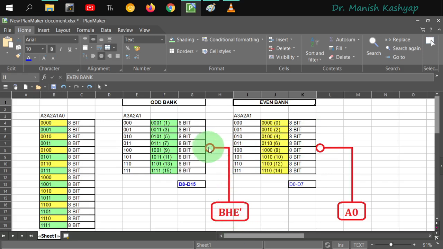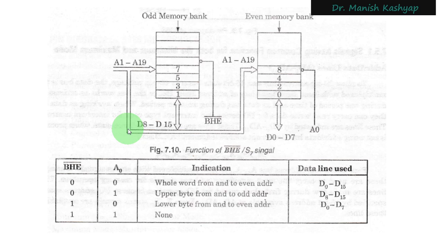So if this thing is activated, obviously the higher order data bus, that is the upper byte of the data, will be transferred to the corresponding address, whatever address has been put on A1, A2, and A3. That is why in the table you can see upper byte from and to odd address, right? Similarly, you can verify it for these two also.